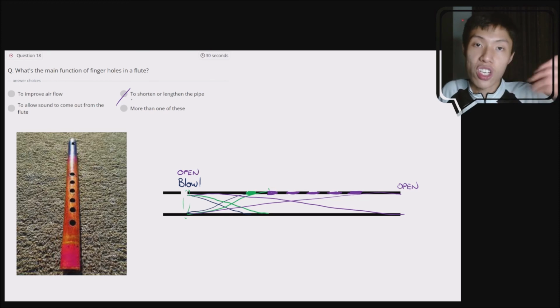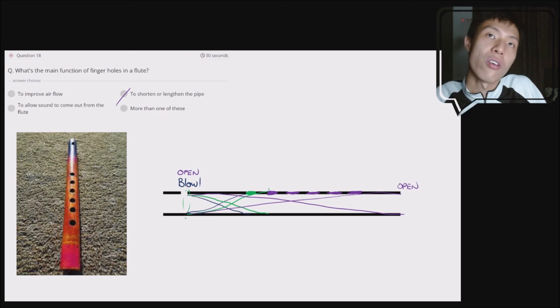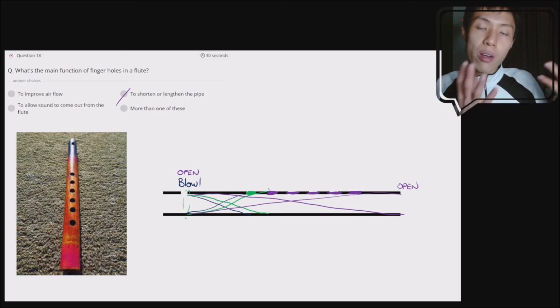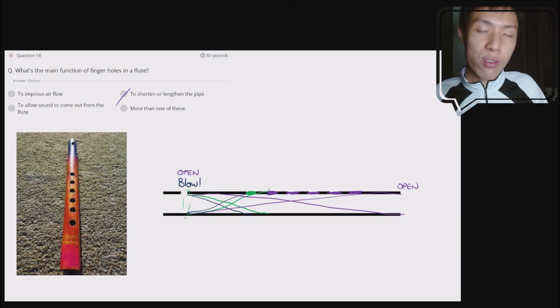You're changing where the open end is. If the open end is further away, then you produce a wave with a greater wavelength and a lower frequency. If you open up all the holes, then it will be a shorter wavelength or a higher frequency.